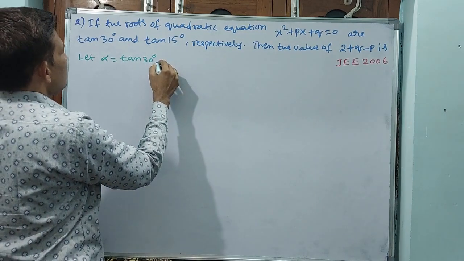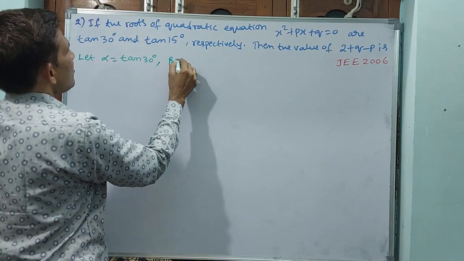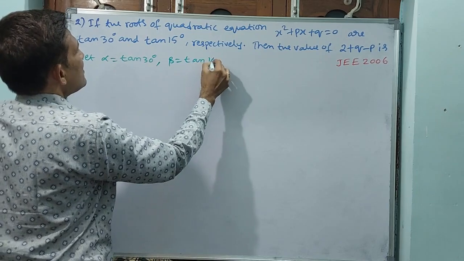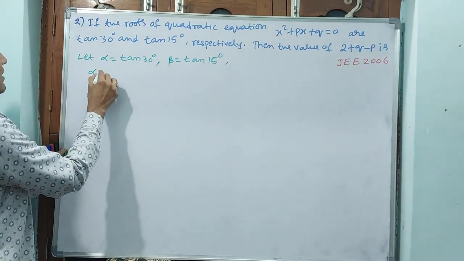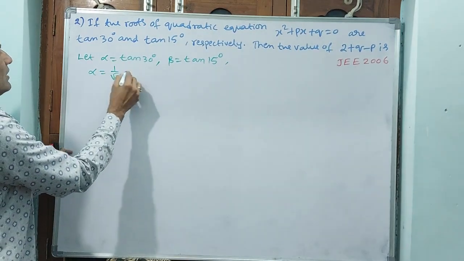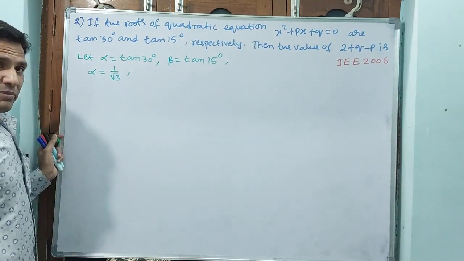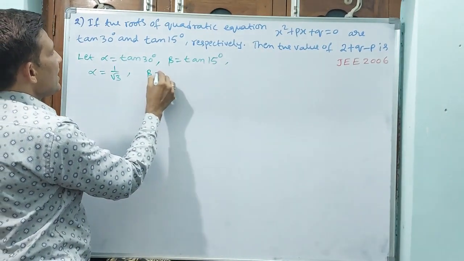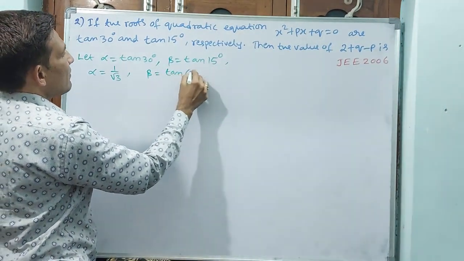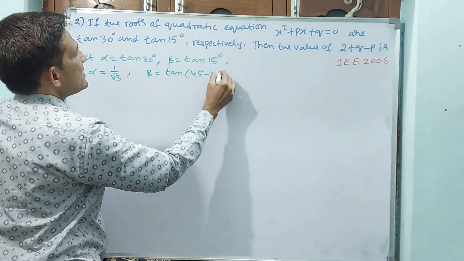Alpha is equal to tan 30 degrees and beta is equal to tan 15 degrees. Alpha you can find easily: tan 30 means alpha is equal to 1 by root 3. But beta you cannot find easily, because you have to do this. See, beta is equal to tan of 45 minus 30 degrees.